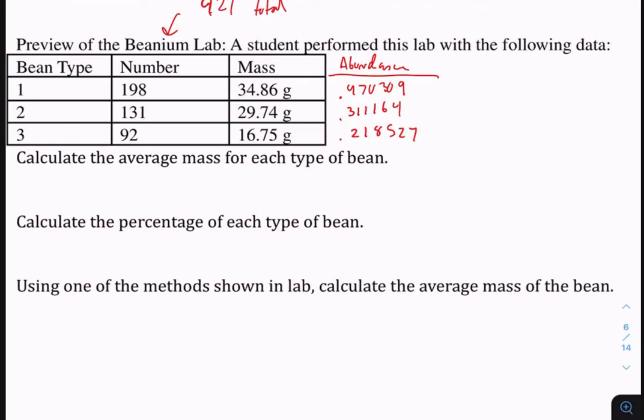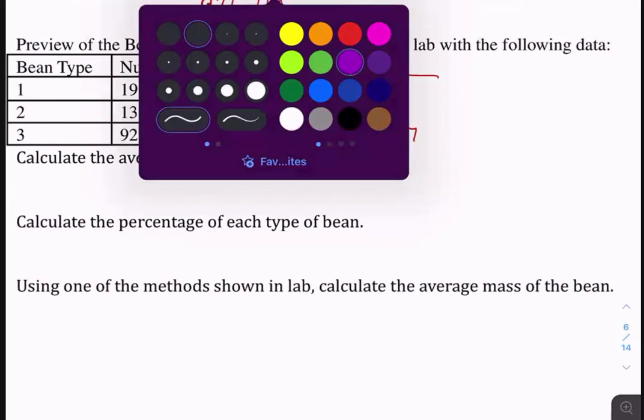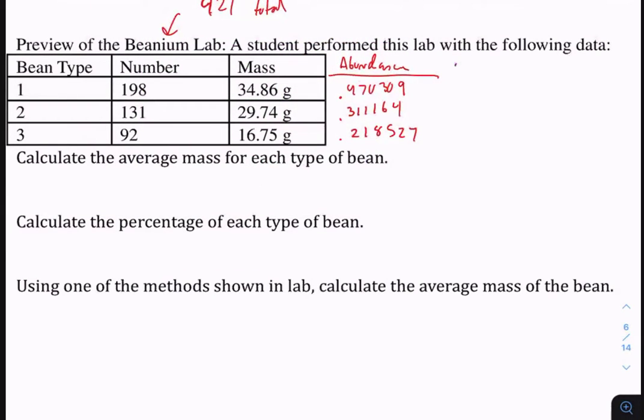Right. So what we're really getting is mass per bean, so grams per bean is what the unit would be. So I'm going to take 34.86 grams and divide it by 198 beans.